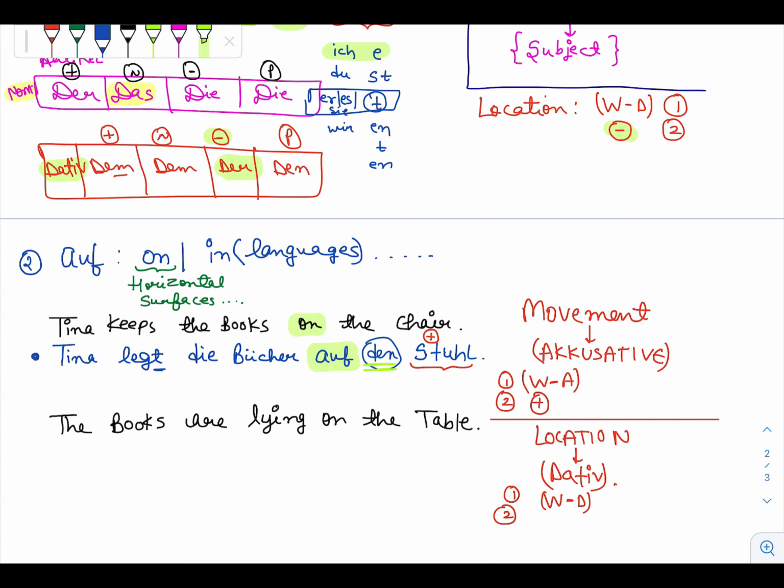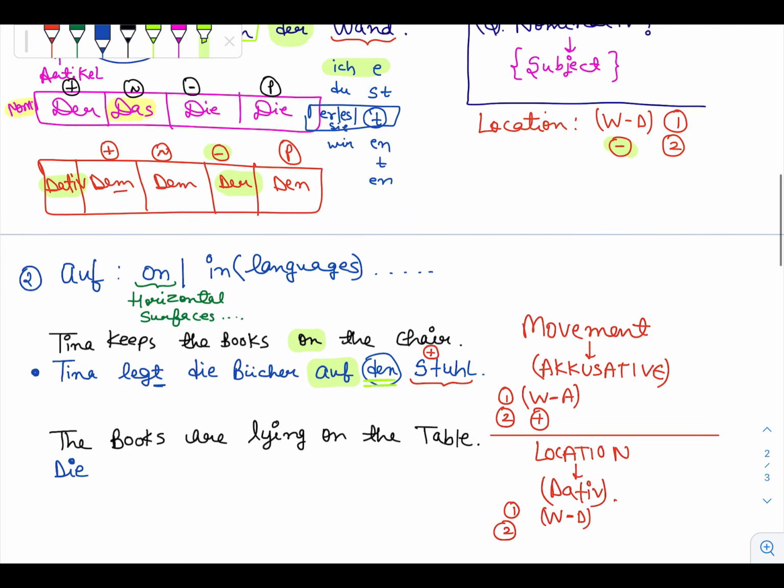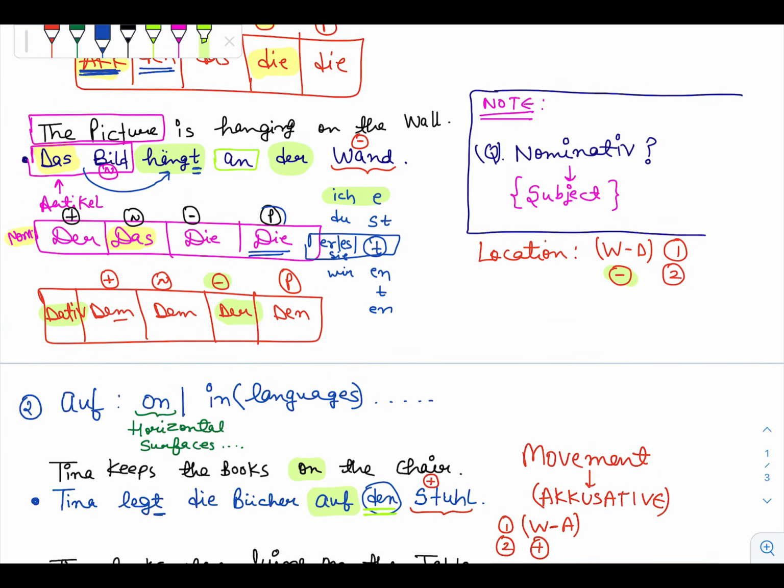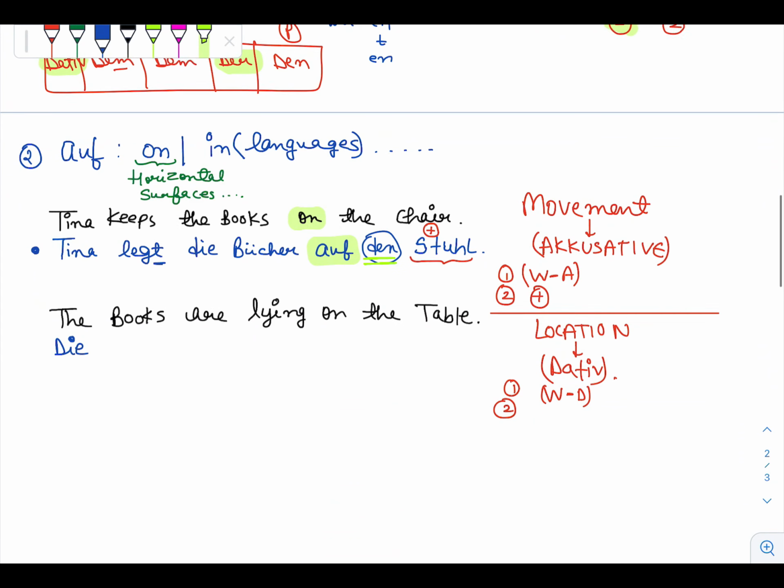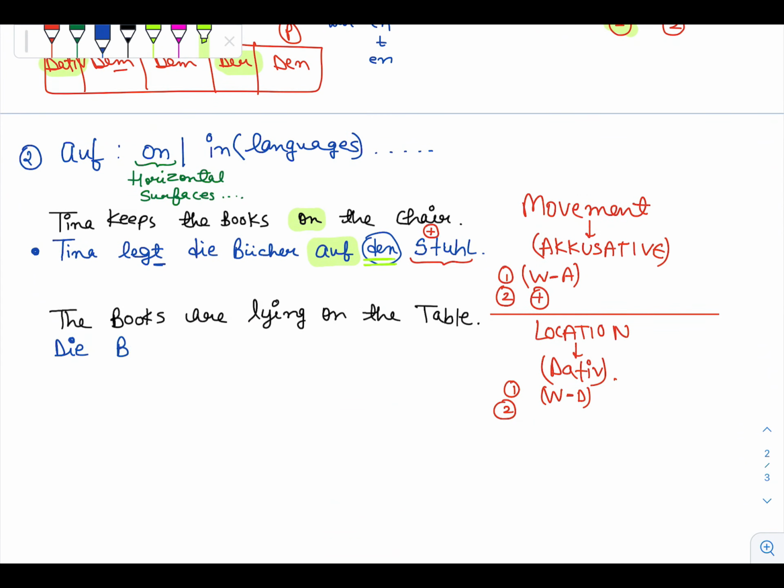So first we will write the German sentence. Again, why I'm using here "die", because here it is plural. We say der, die, das, die. This "die" I am using because of plural. Books I'm talking about. So, die Bücher liegen auf dem Tisch.